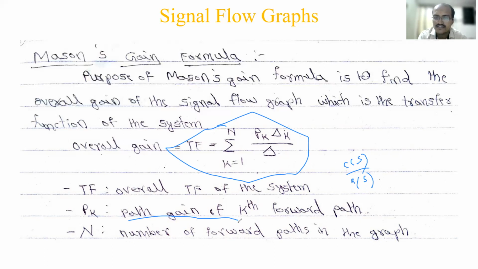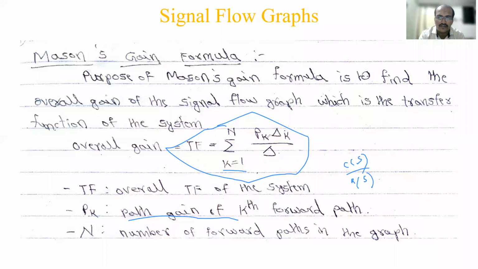One path may take some 35 kilometers, another 36 kilometers, another 40 kilometers, right? So all 3 we will be considering. That is the path gain of the kth forward path. By looking at the block diagram, we first have to identify the value of k, or the number of forward paths. From that, this formula will be simplified.